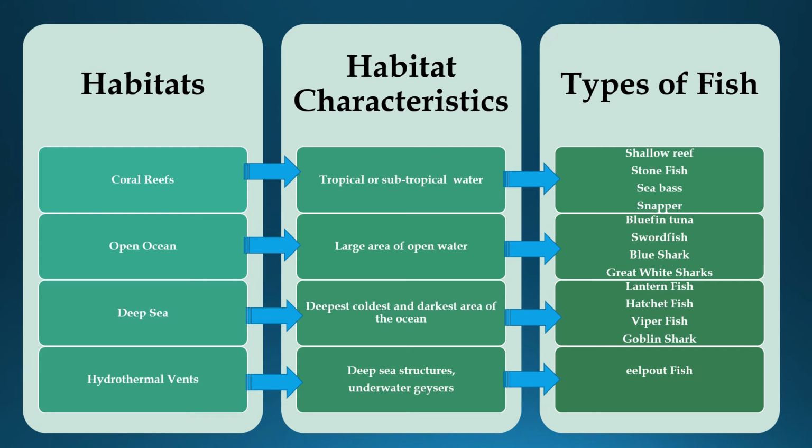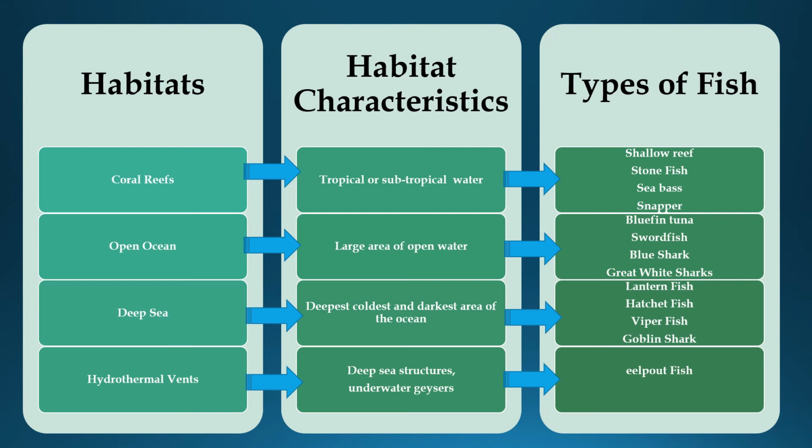The first one is the coral reefs. The coral reefs are normally found in tropical or subtropical water. The types of fish that live in the coral reefs are shallow reef fish, stonefish, sea bass, snapper.